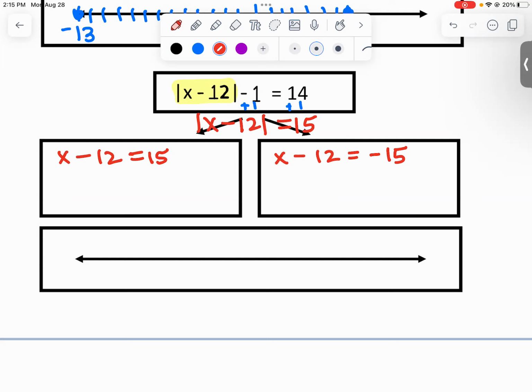Okay, are you okay with the equation that we've given?